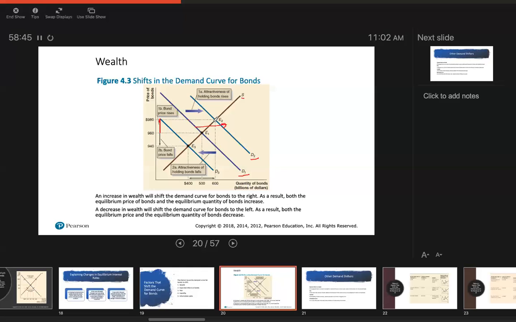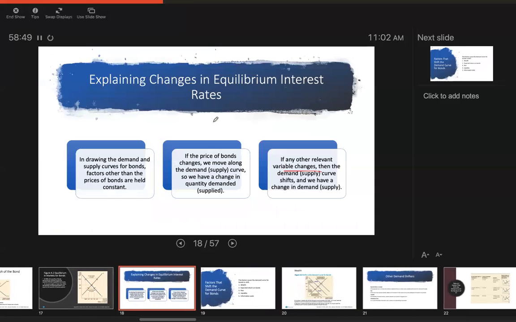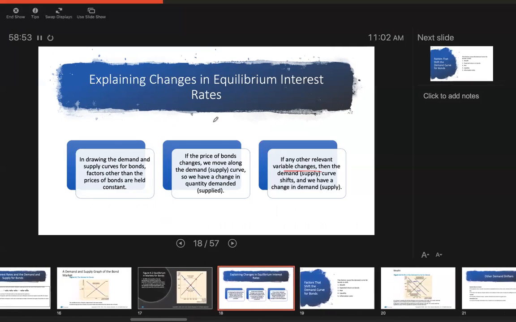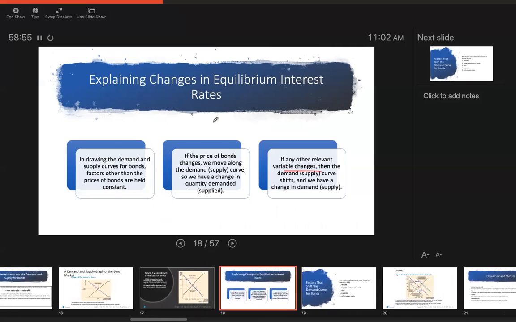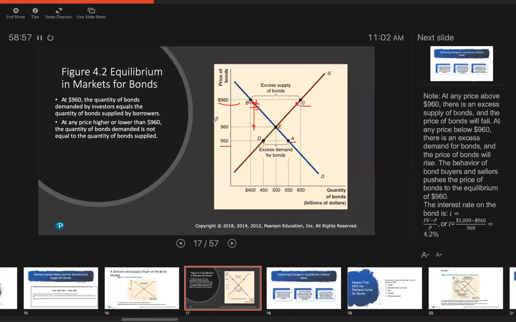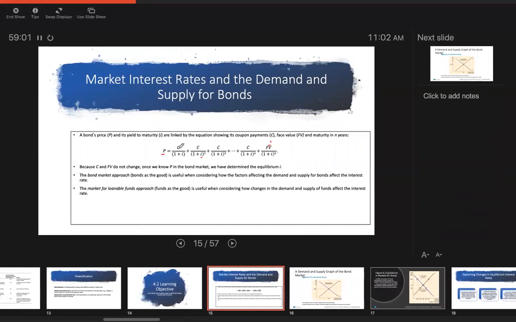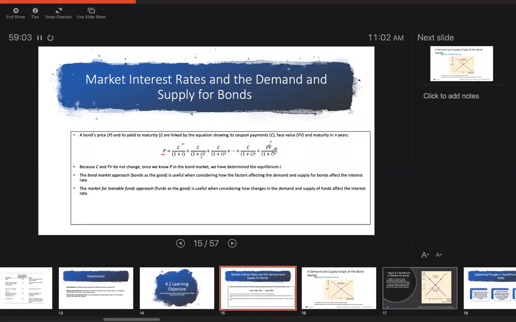And intuitively, that should make complete sense, because if you look at the equation that we started with, the coupon payments stay the same. The future value of this bond is the same.